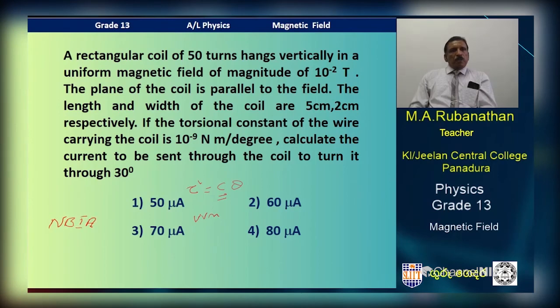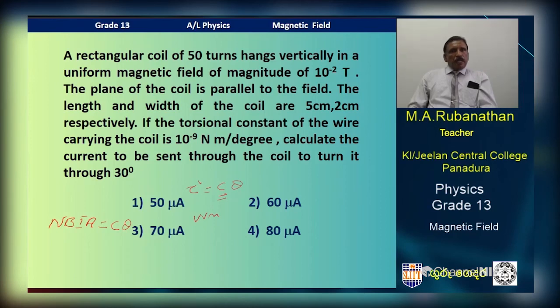NBIA, the torque exerted on the coil, is equal to C theta. C is the torsion constant of the spring and theta is the angle deflected by the coil.